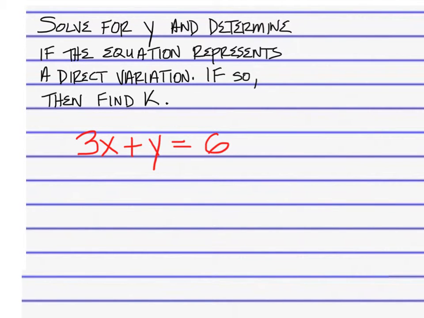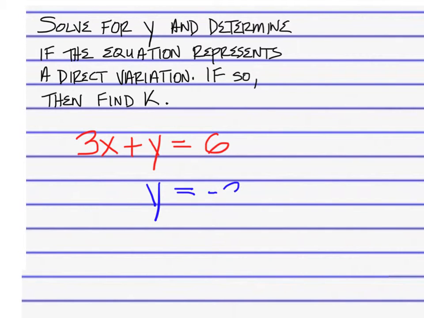So here's an example. Solve for y and determine if the equation represents a direct variation. If so, then find k, the constant k, like from the very first thing we did. Y equals 3x. 3 was the k value. It's the constant. Well, if I'm going to get y by itself, then I need to move what's with it over to the right side.